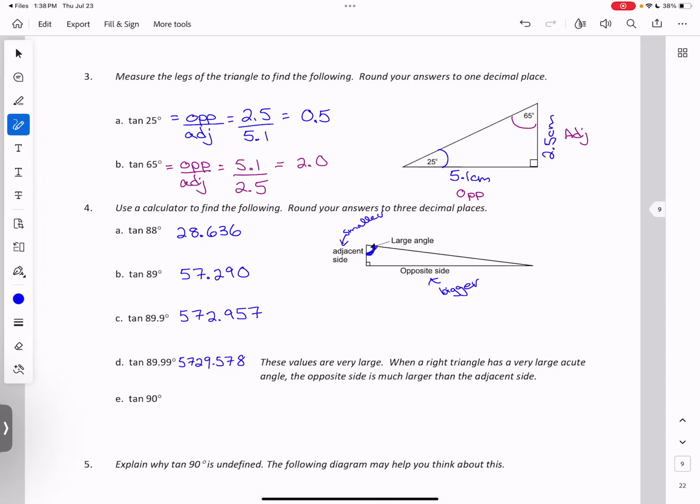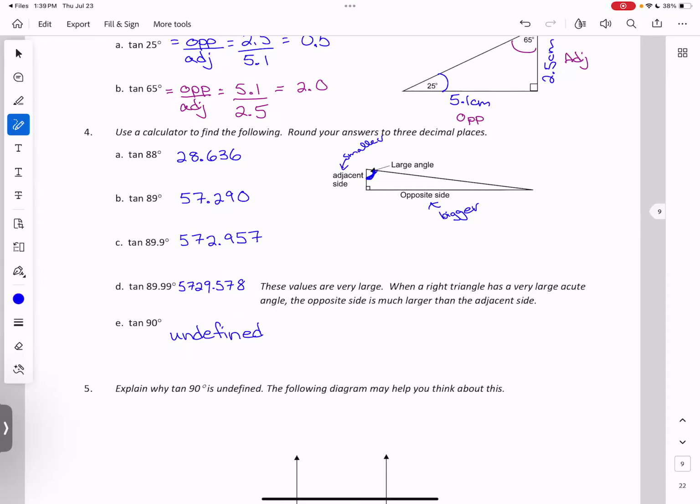Now, what about tan of 90 degrees itself? Doesn't work. We would call that undefined. You cannot provide a measurement for the ratio of the tan of 90 degrees. Now, think about why that might be. If we have 89.999, like you've got some huge angle like this, this is your hypotenuse here.